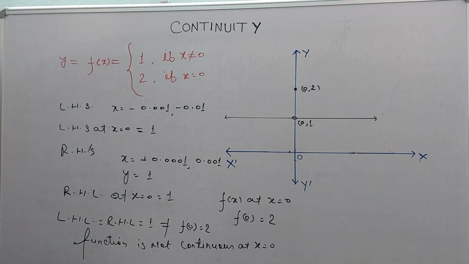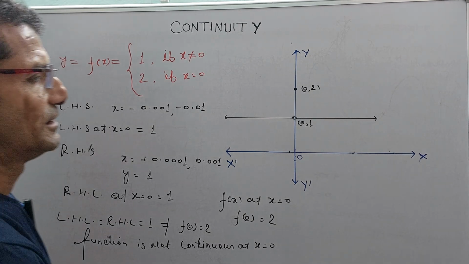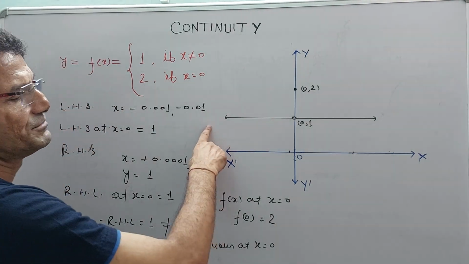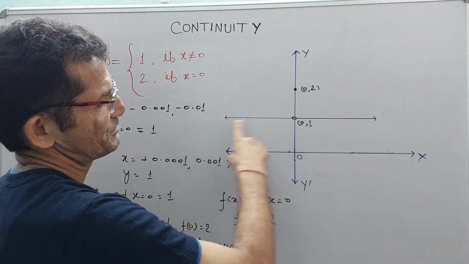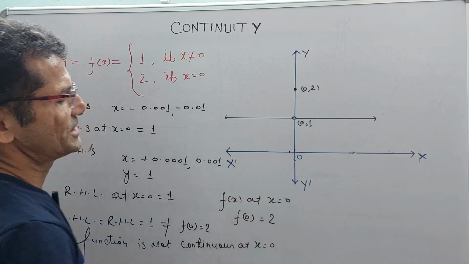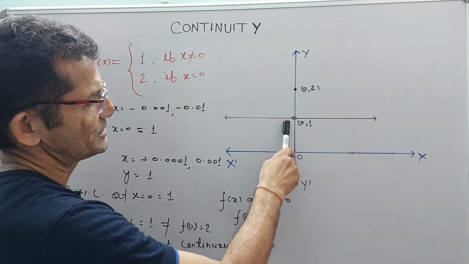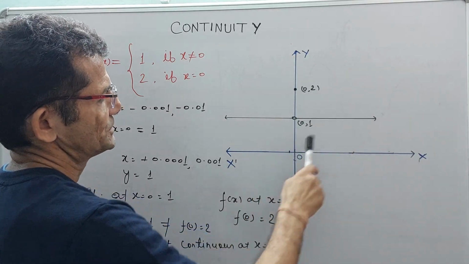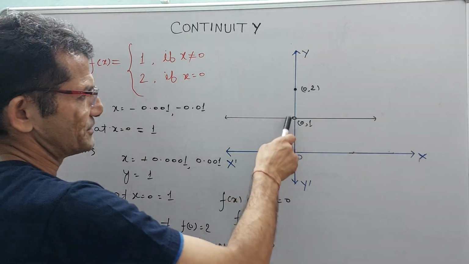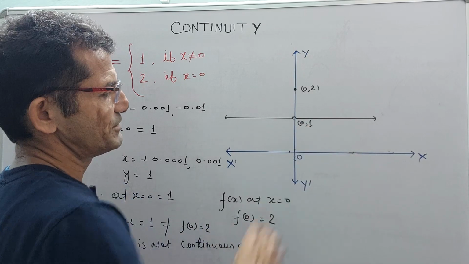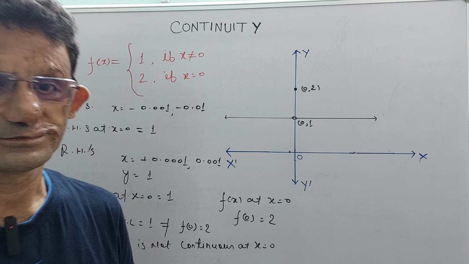In simple language, if I take a pen from minus infinity towards plus infinity, from minus infinity to 0, then we lift the pen to go to the right part. So at x equal to 0 the function is not continuous. It means that at x equal to 0 the graph is breaking. When the graph is breaking, we say the function is not continuous.